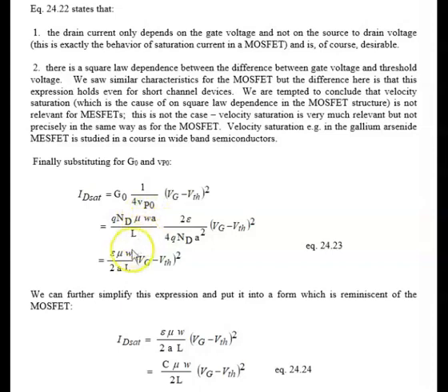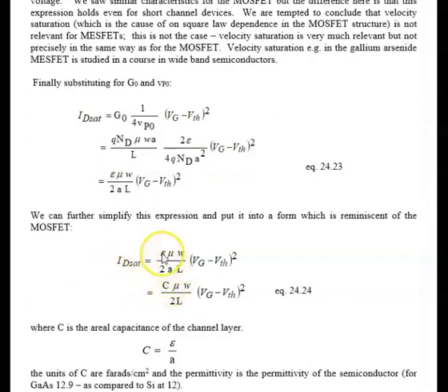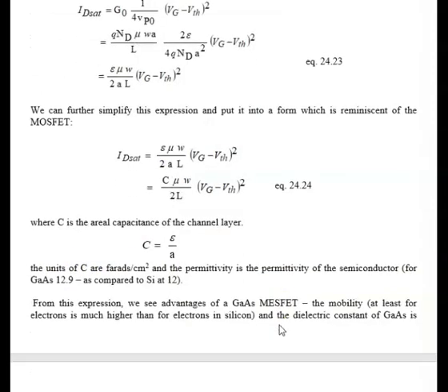And the only thing we're missing now is, what is this epsilon over A? Well, permittivity divided by distance is a capacitance. It's actually an areal capacitance. So we define permittivity divided by A as C, the areal capacitance of the channel layer.